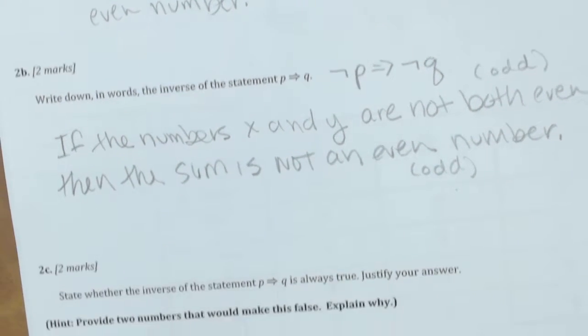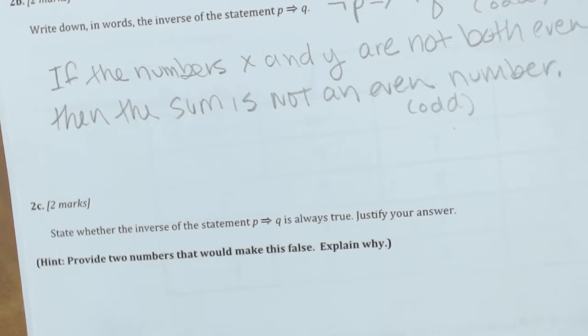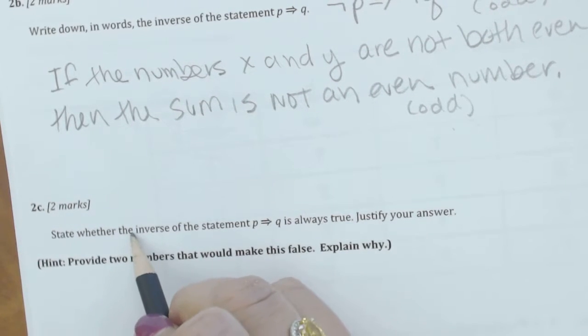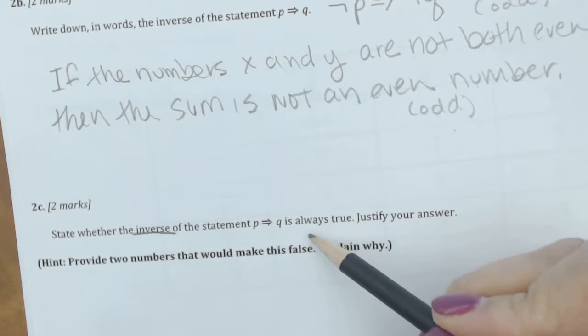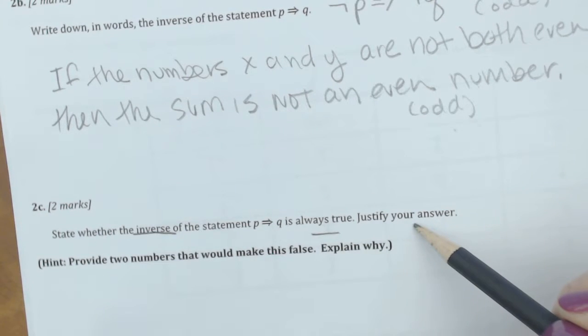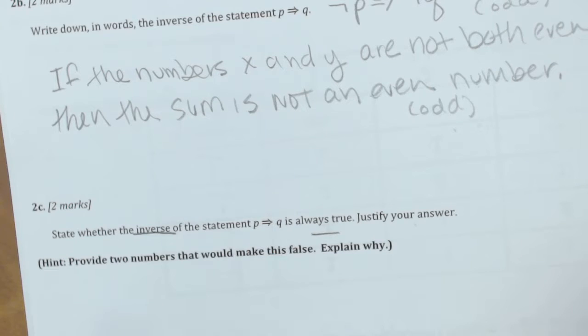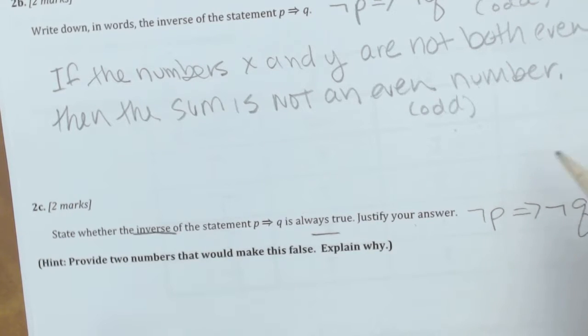So there's your inverse. The next part, state whether the inverse of the statement is always true. Justify your answer. Now here's the thing. Our inverse, not P, if not P, then not Q. It's going to be false, remember, when the first one's true and the second one is false, that's when it's false.